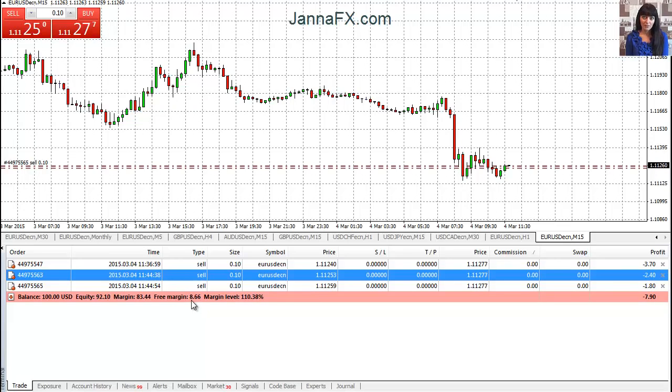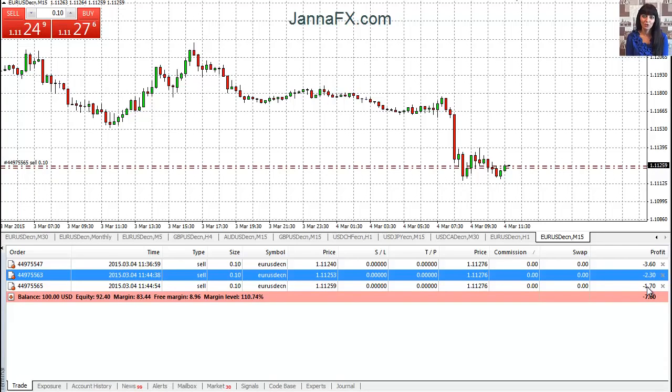Now I can do mostly nothing, and you can see the margin level is 110, so it's less than 150%. You can see I have a red line, so the broker is kind of warning me and telling me, come on, you need to do something about it. Of course they're not calling you, but you can see it here. It's red now. Red, you have to do something.